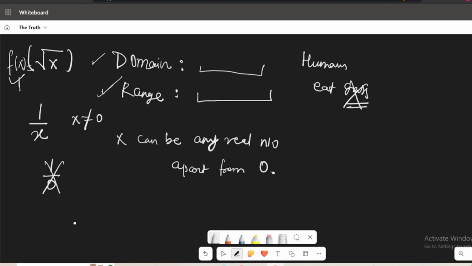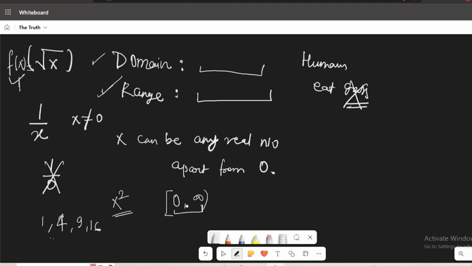Like if you have this thing, x square, whatever value you put, its value will always be from 0 to infinite. You might be thinking that, but x square, like we are getting 1, 4, 9, 16. We have not included 2 or 3. But this implies all the values ranging from 0 to infinite.